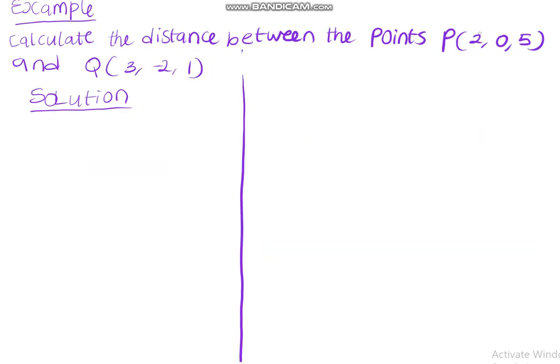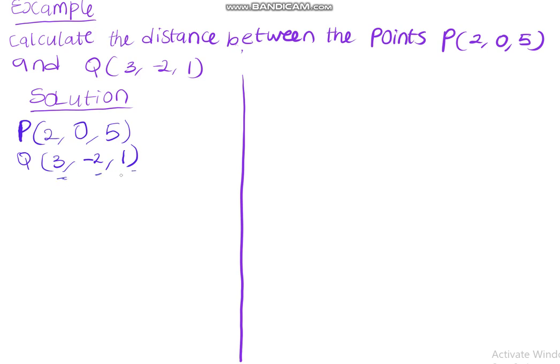Now we have another question about the distance between point P and Q, but this time the coordinate of P has three entries 2, 0, 5, and the coordinate of Q has three entries 3, -2, 1. So since they all have three entries, it shows they are from a three-dimensional coordinate system.